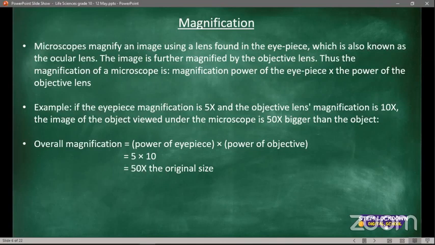So how we calculate the magnification of a microscope is by taking the magnification power of the eyepiece and multiplying it by the power of the objective lens. So if the eyepiece magnification is 5 times and the objective lens magnification is 10 times, then the image of the object viewed under the microscope will be 50 times bigger than the object.